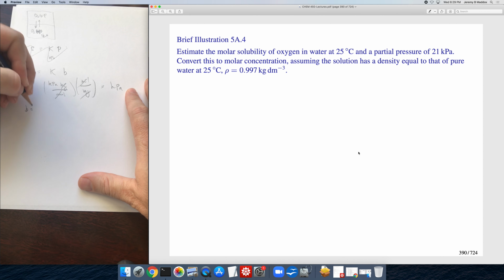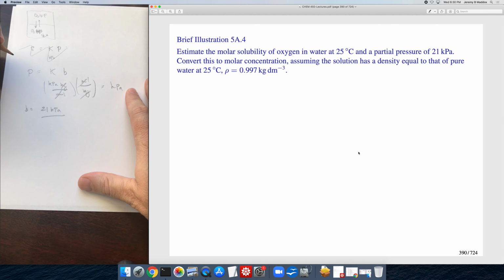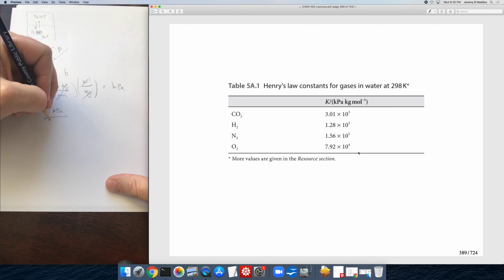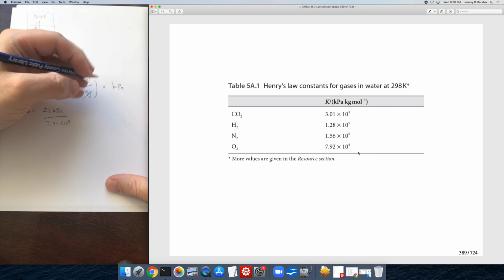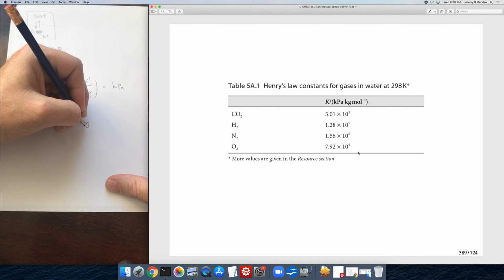So if we solve for B, we'll take the 21 kilopascals for the partial pressure and divide that by K, which is 7.92 times 10 to the 4 kilopascals kilograms per mole.